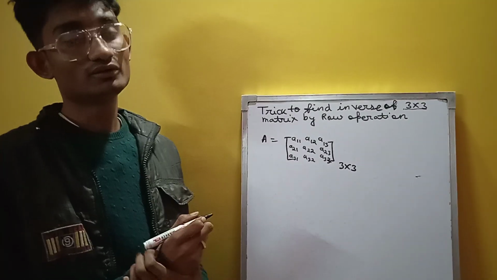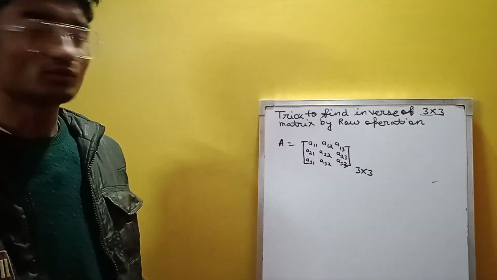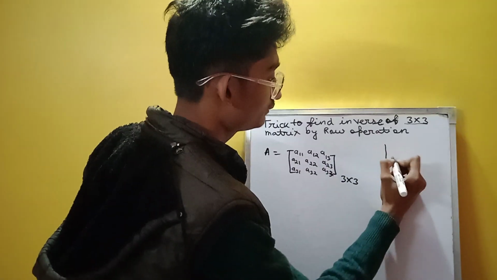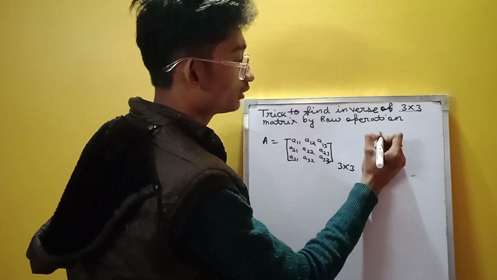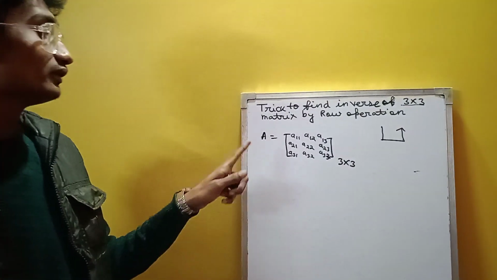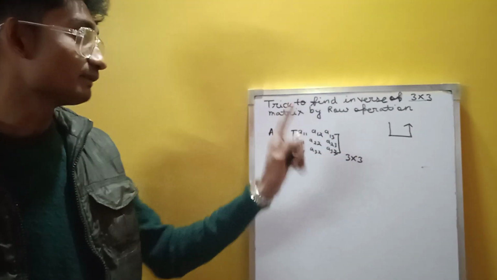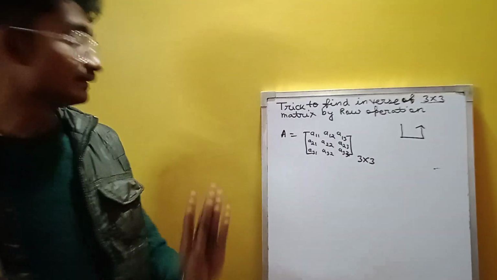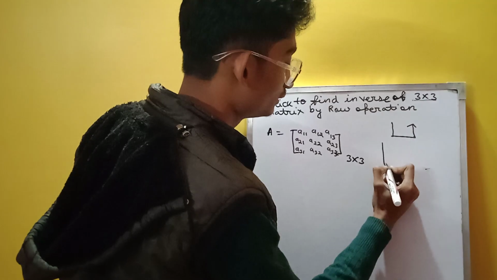In our first video, we discussed the row operation following a particular tree, starting from this element, followed by this element, then this element, then this element. Now we will follow a different trick, the reverse trick.